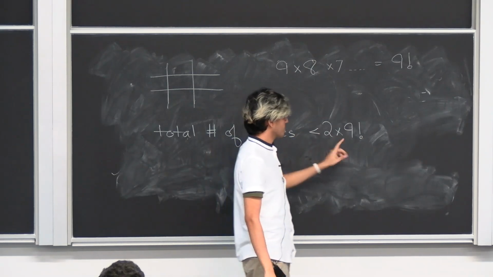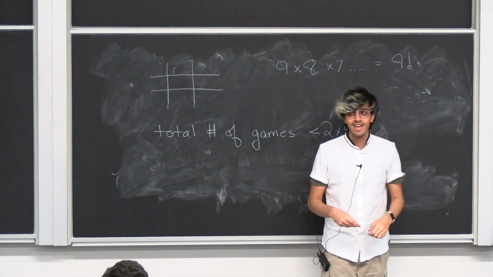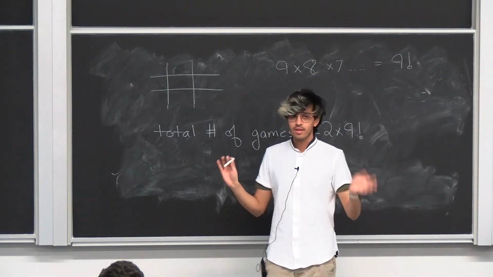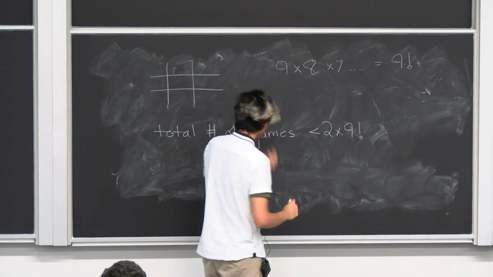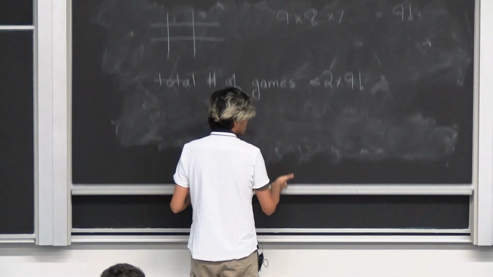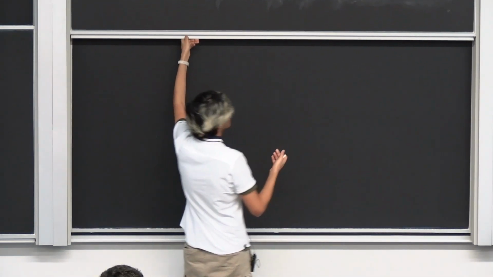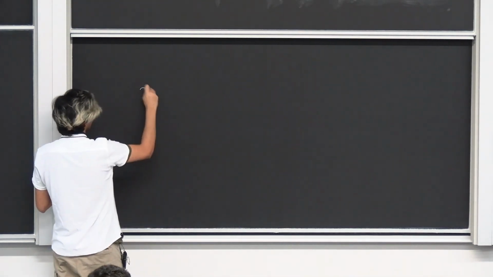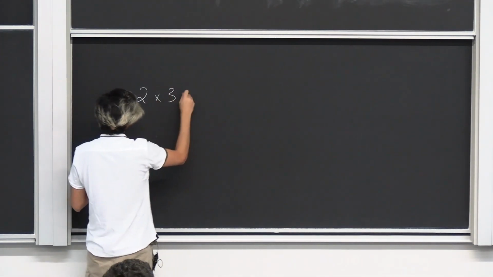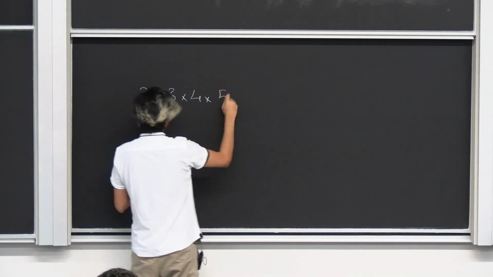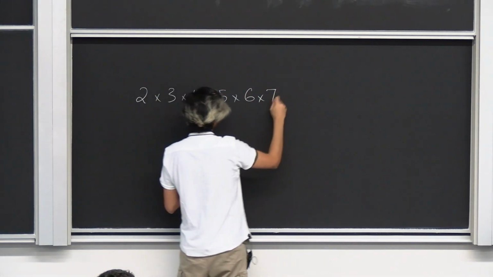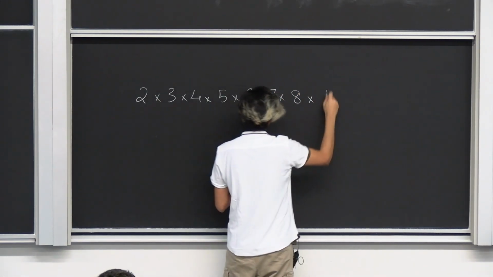Cool. Now we just have to show that this is less than 1 million. You can do this using a calculator, but the way I justified this was, let's actually write it out. 2 times 3 times 4 times 5 times 6 times 7 times 8 times 9.